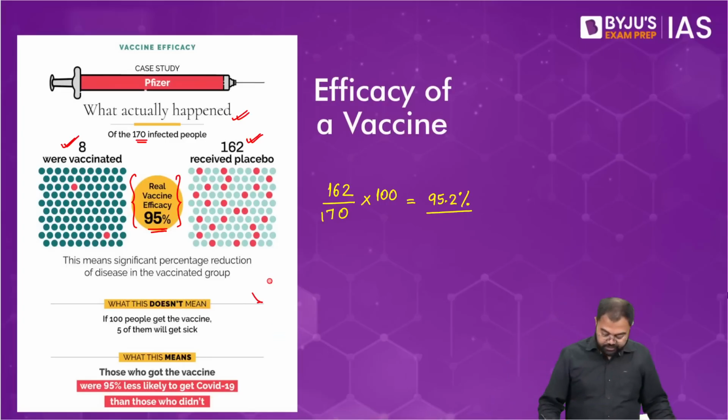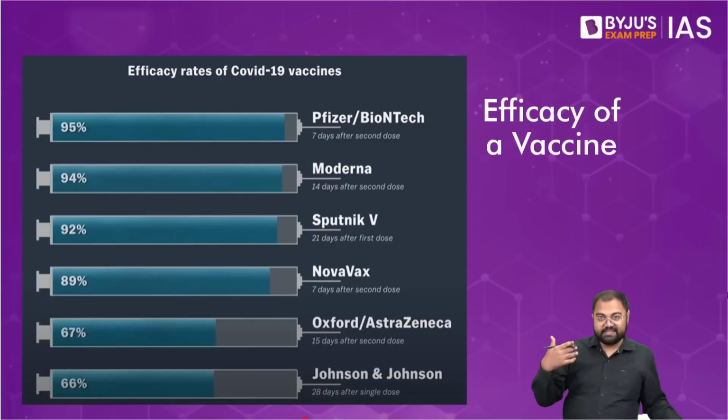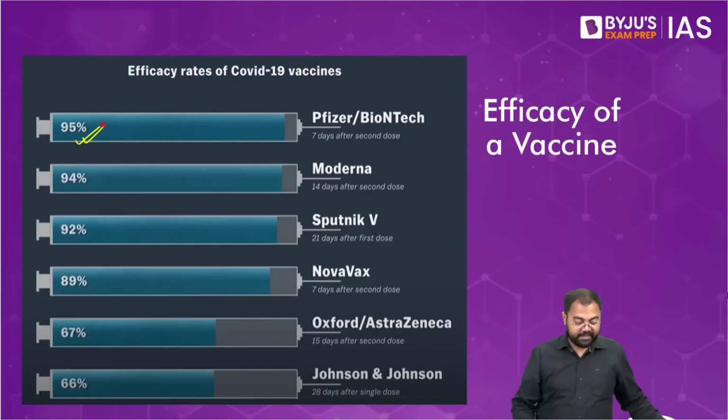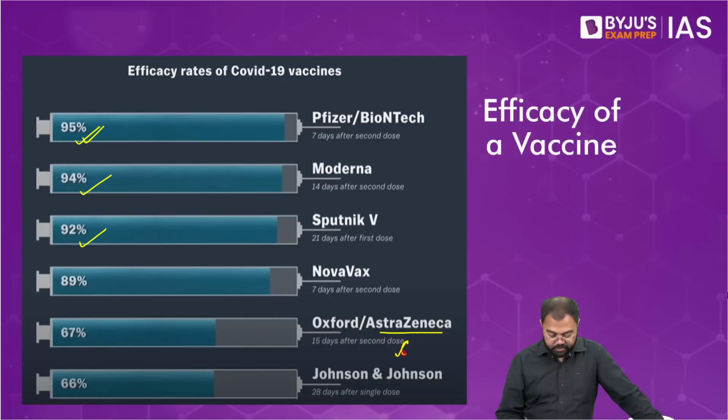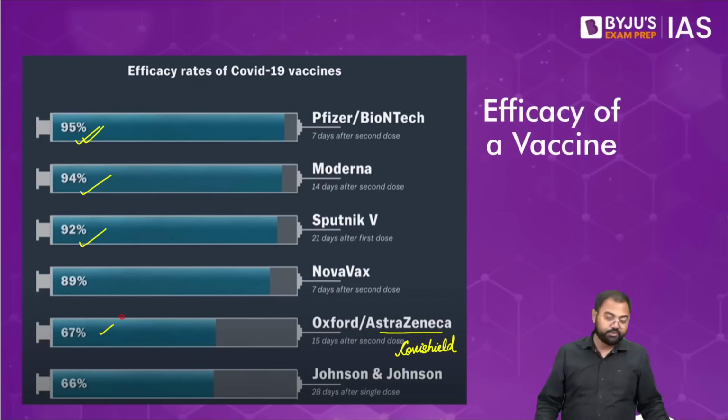Now one thing to be understood, and you might have seen all these numbers that were available for us: Pfizer has 95% efficacy, Moderna has 94%, Sputnik has 92%, and then AstraZeneca, which basically is the Covishield vaccine, has just 67%, and so on.